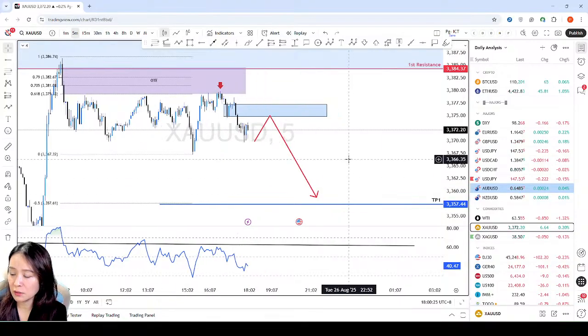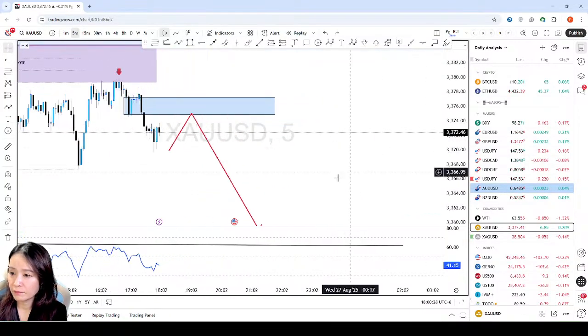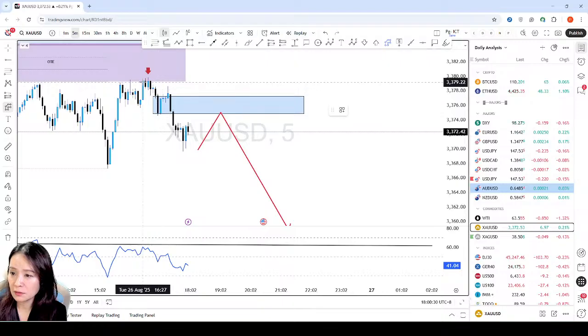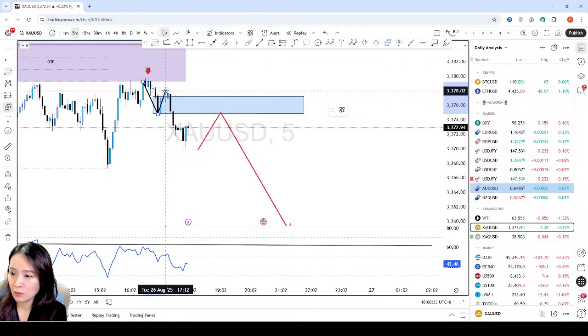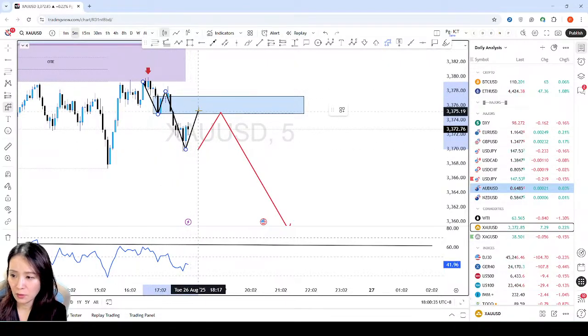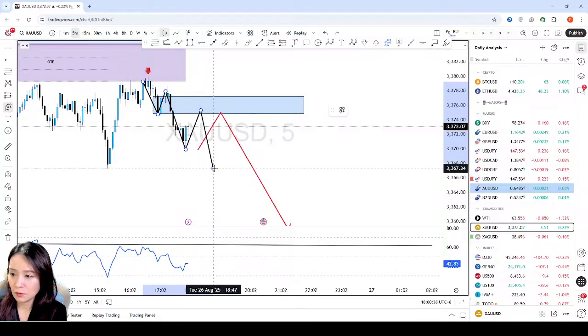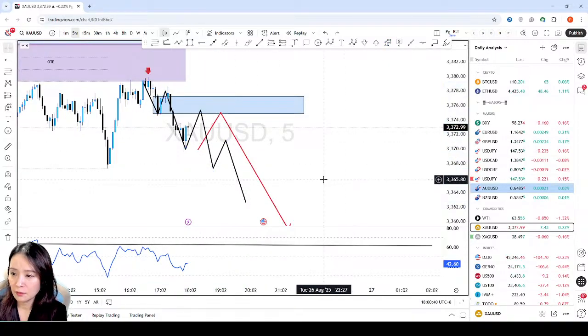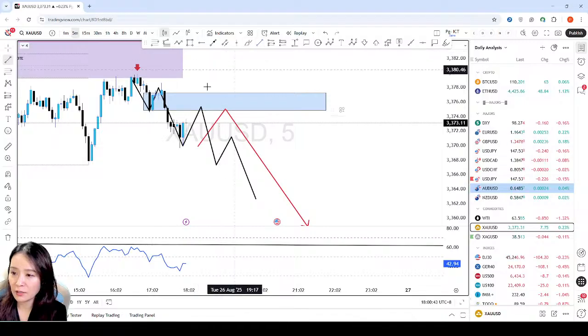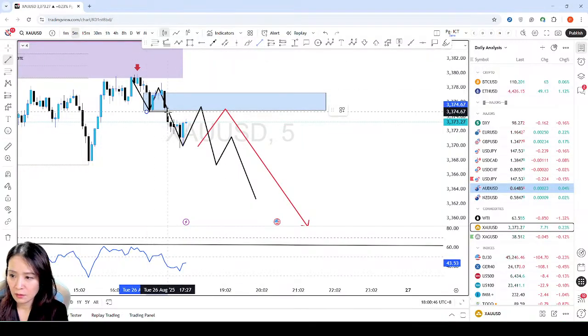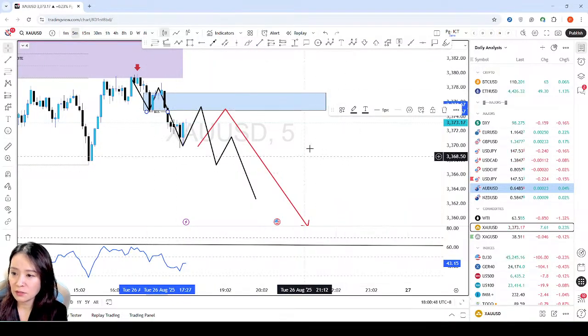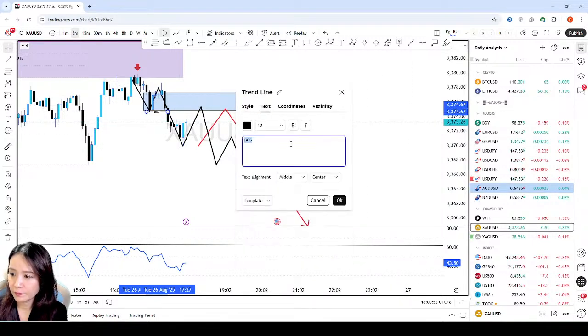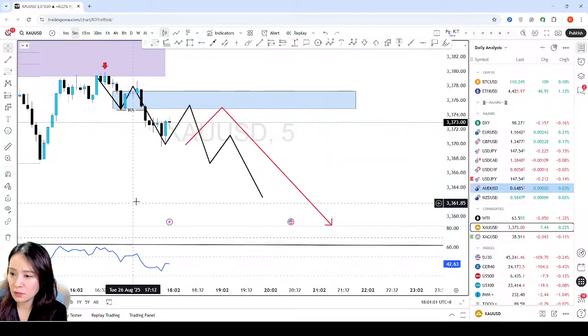Okay, what do you see in the M5? From here, lower low, lower high, lower low, maybe lower high here, lower low, lower high, and falling, right? This is our break of structure.